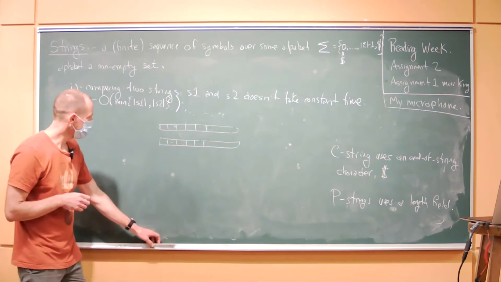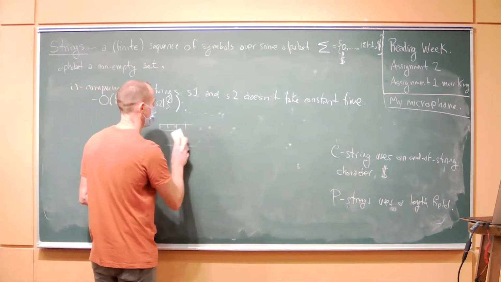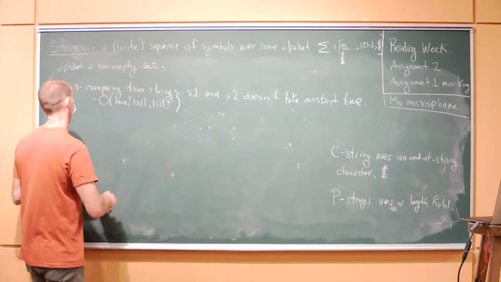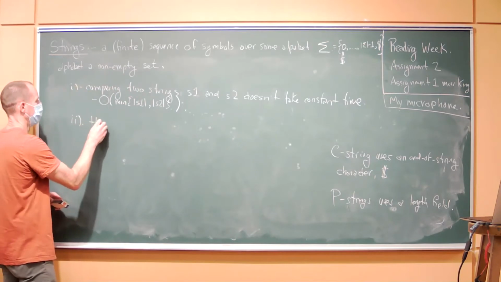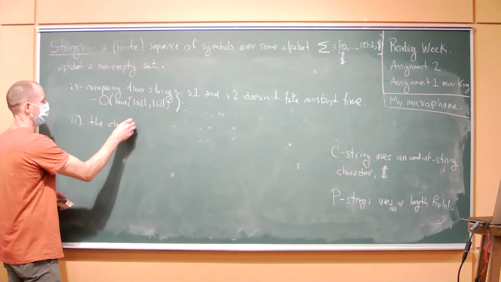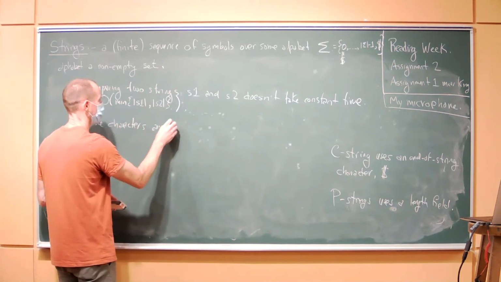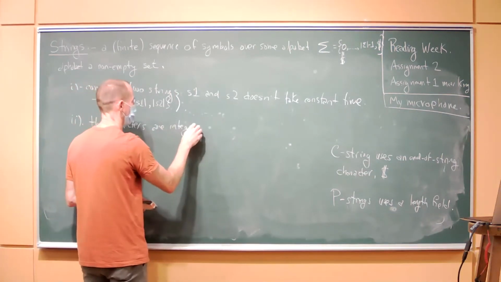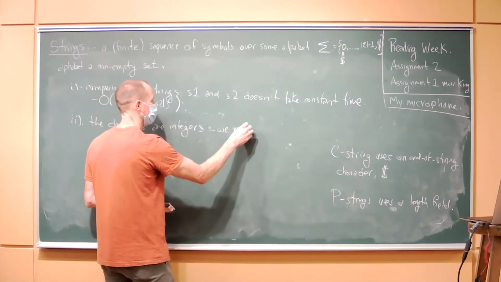So that's one unfortunate thing about strings. But a positive thing about strings is the characters, so the elements from that alphabet, are integers. So we can use them as indices.